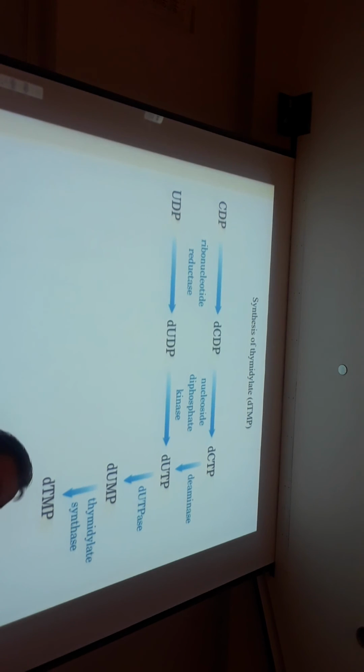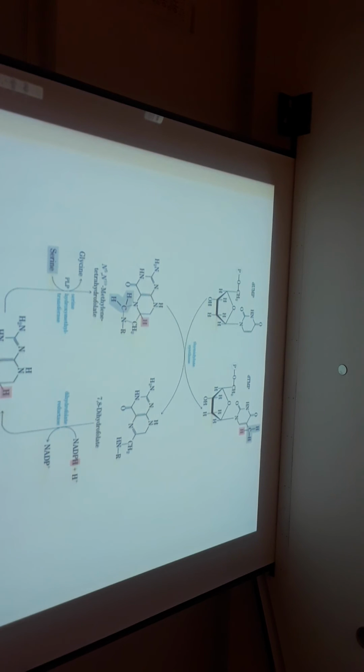Thymine is simply a methylated uracil at carbon number 5. Okay, so all we have to do is introduce the methyl group at carbon number 5 here in this dUMP, and that is done with the help of an enzyme called thymidylate synthase. And you see that, okay, this is our uracil ring, this is our thymine ring. The difference really is just this methyl group here.